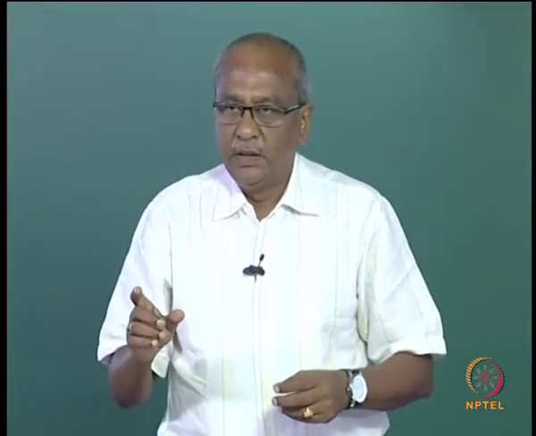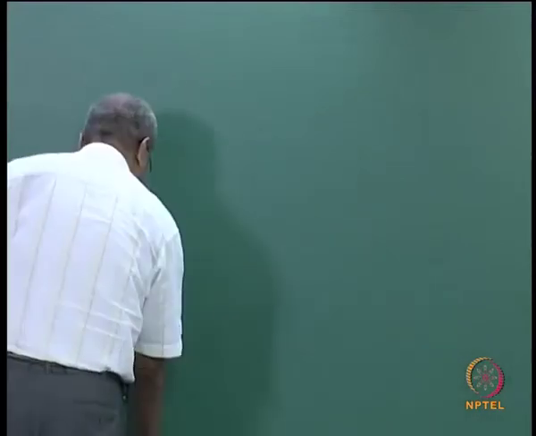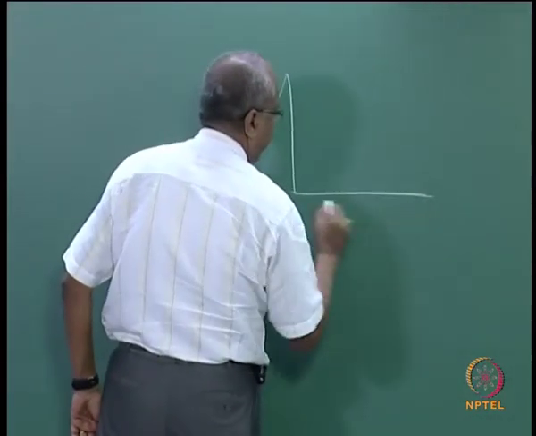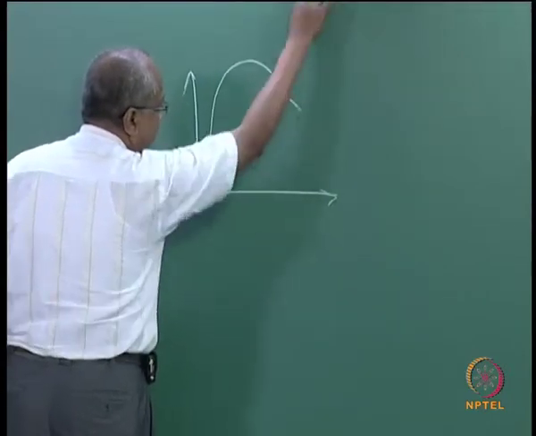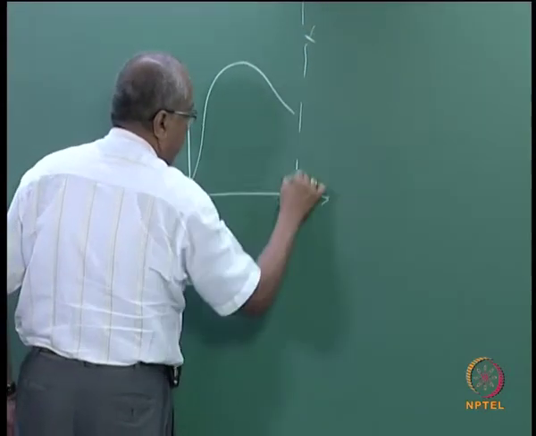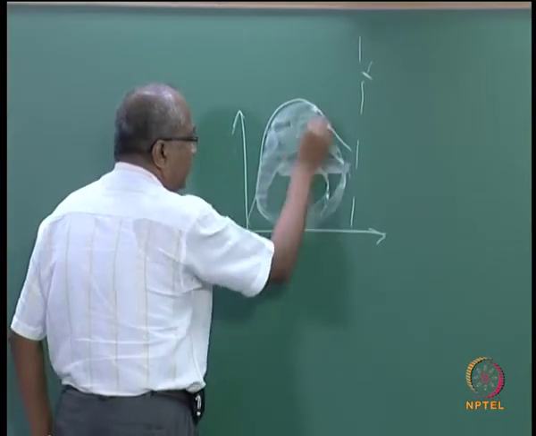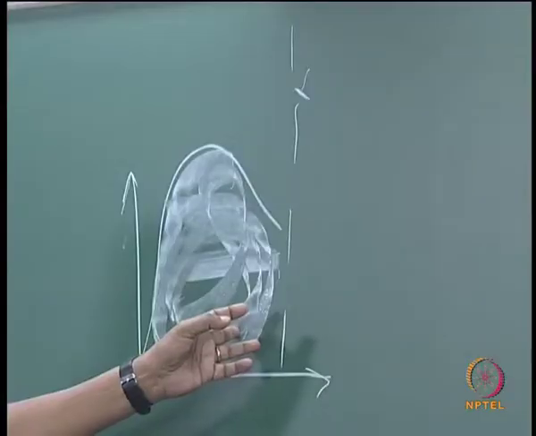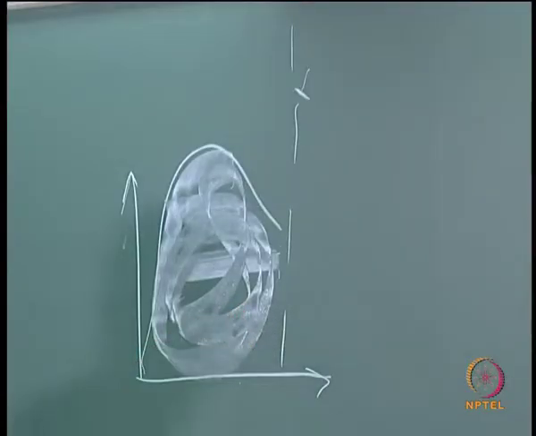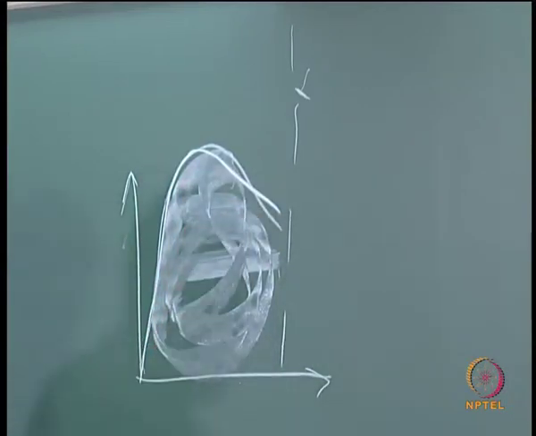The other way of doing this calculation of the sediment transport, once you know that the sand transport is within the surf zone, is to integrate this whole thing to get the total sediment transport. You should know the distribution of sediment transport rate.